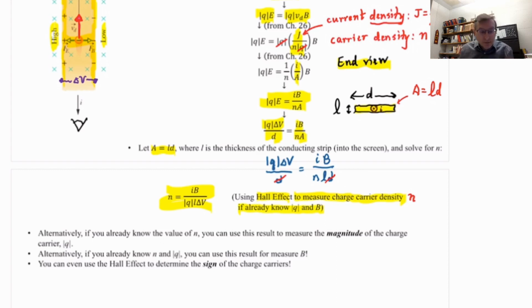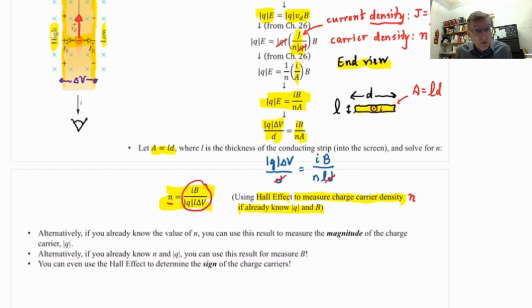You can't go in and count them. This is one way you can measure it. If you can set up this situation where you know from measurements all the things there, then you can measure the carrier density. And then you know what the carrier density is for copper. Boom, you're done. You don't ever have to measure it again, if you don't want to.